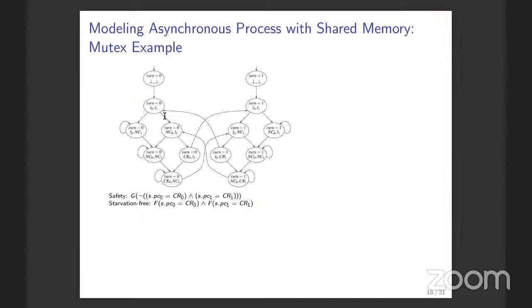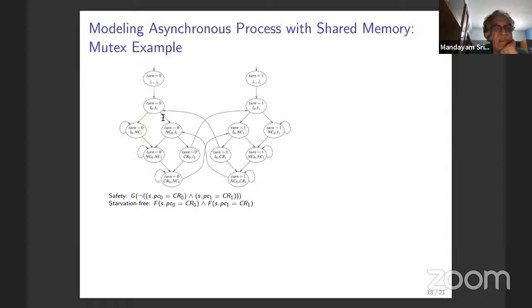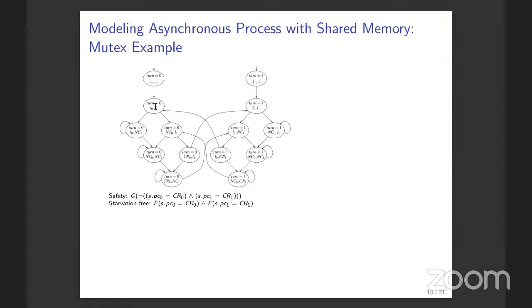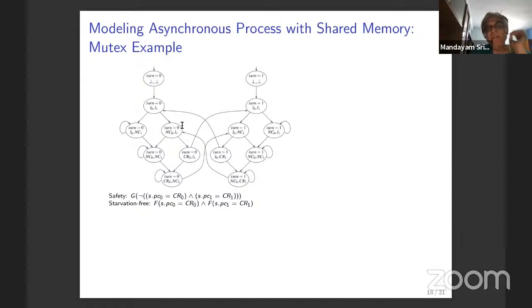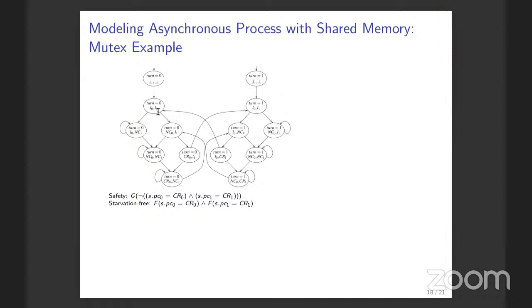Whenever there are two possible transitions from the same state, I call that non-deterministic. So what do those two transitions correspond to?